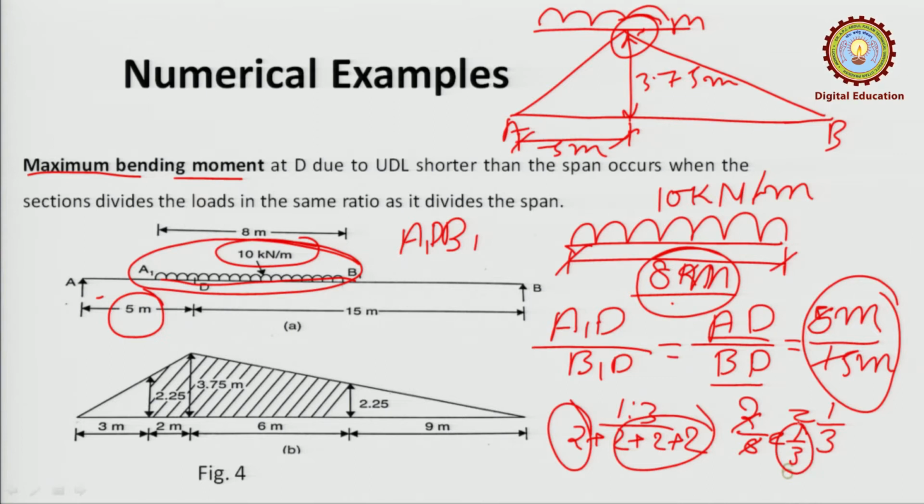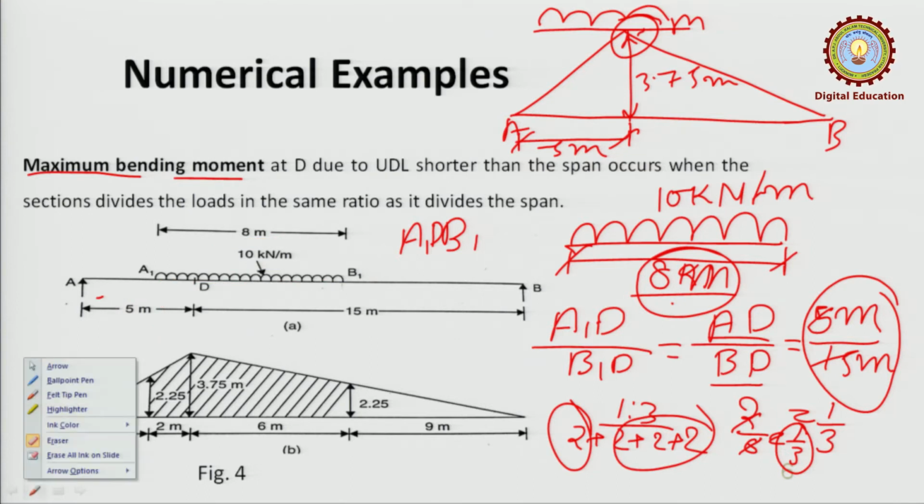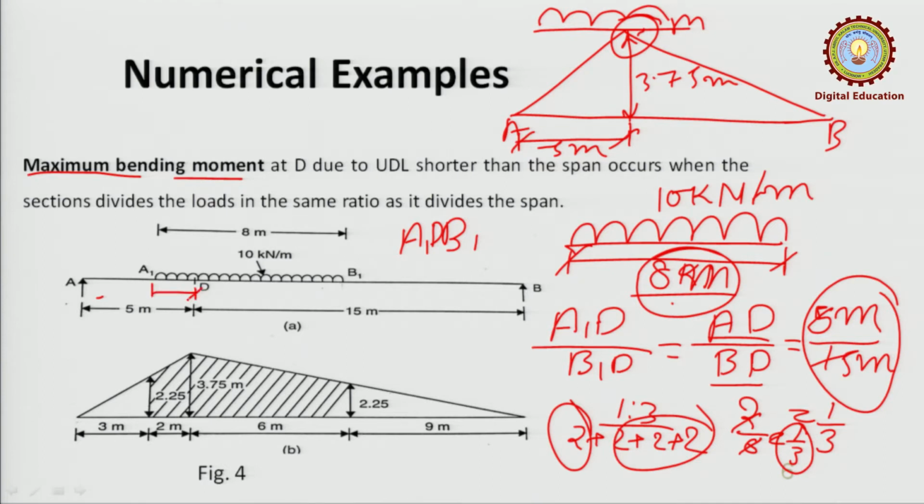Now this portion is A1 to D, this portion is 2 meter and this portion is 6 meter.